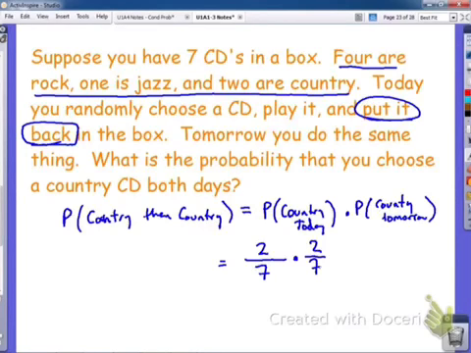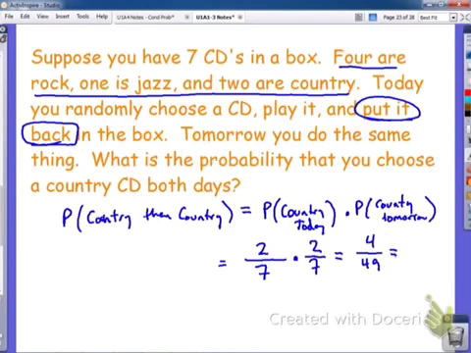Okay, so 2 times 2 is 4. 7 times 7 is 49. Put that in your calculator and give me the decimal. What do you get? Let me hear from Justin. 0.05. Where you at? Right there.